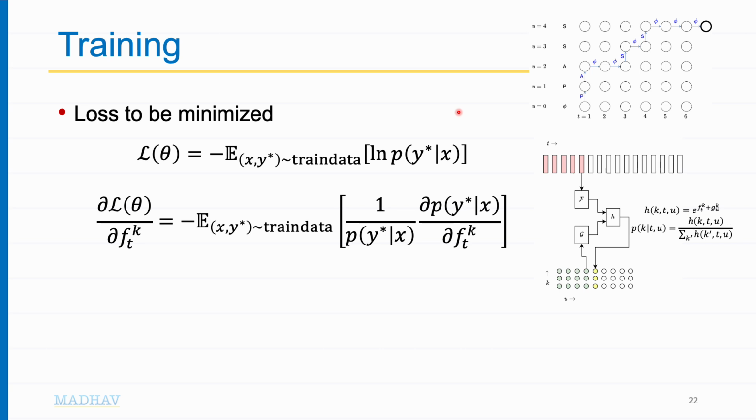We want to train both F and G. So let's first differentiate L with respect to F. What is F? F_kt basically. K is the output node. There are capital K plus 1 nodes, indexed by small k, and small t is the input time frame, right? So F_kt is the output of this model.